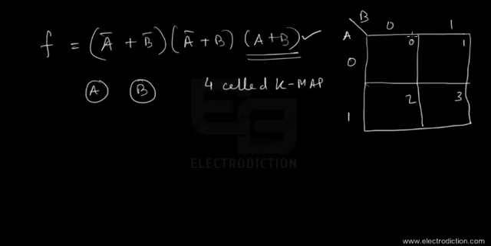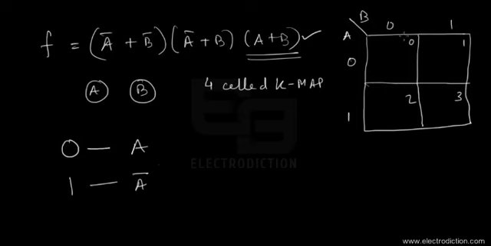So now, as I said, each of the cells would represent a combination of a particular max term. So in the first cell over here, we can see that the values of a and b are both zeros. Now you should always keep in mind that whenever we have a POS form of expression, a 0 represents a non-complementary variable, whereas a 1 represents a complementary variable. Okay, you should always keep this in mind.